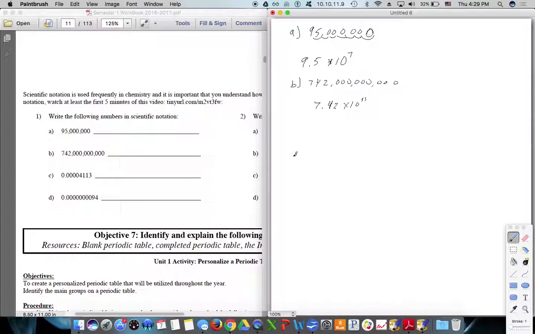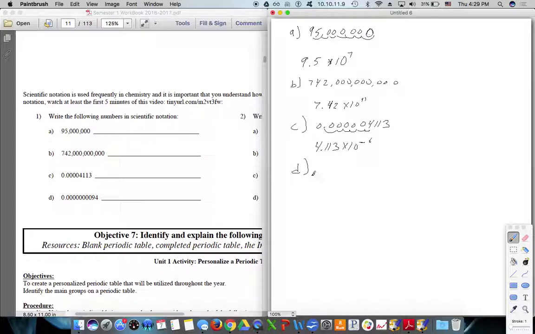So there you go. Letter C, when you move the decimal to the right, it's going to be a negative exponent. So we end up with 0.0234541113. In between the first two numbers, 2.34541113 times 10 to the negative 1, 2, 3, 4, 5, 6.